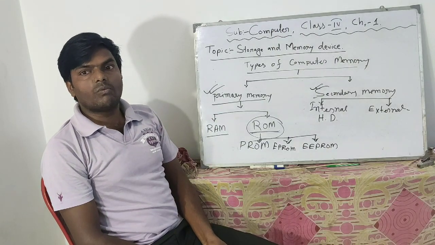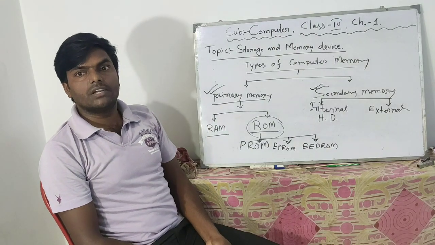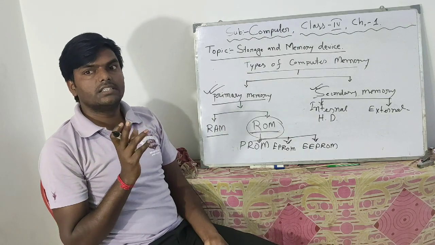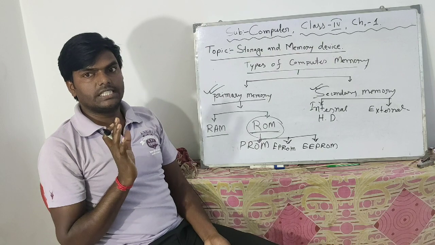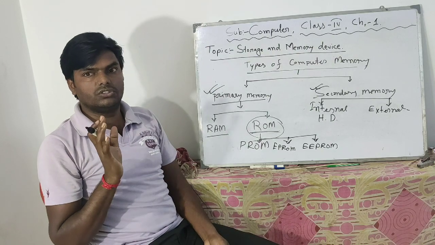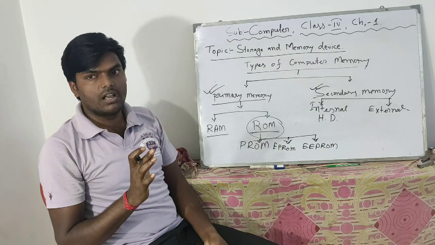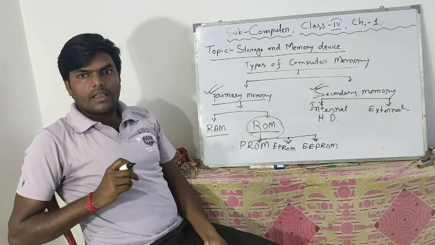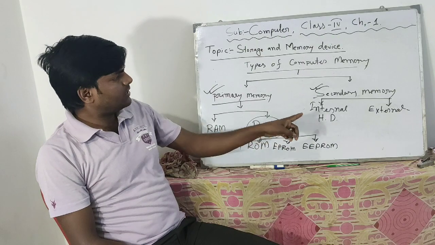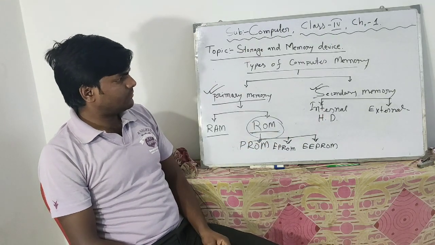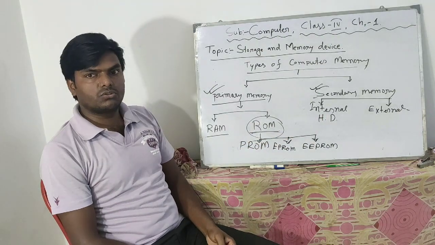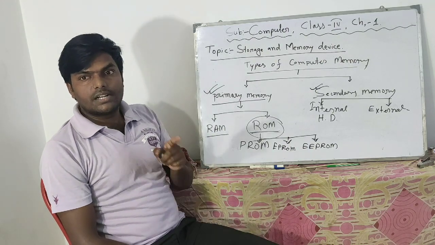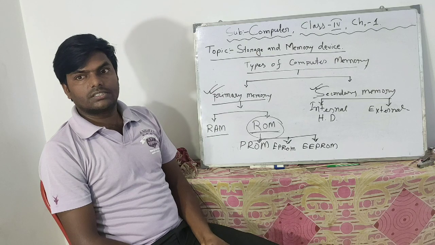Hard disk means what? It is present inside the CPU of the computer. It stores a large amount of data. Next, what is that? External storage device. These devices are used externally with the computers.